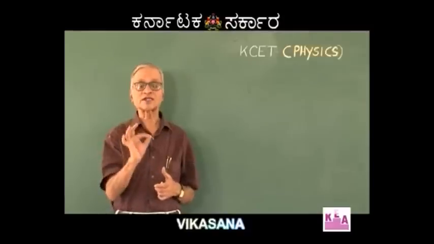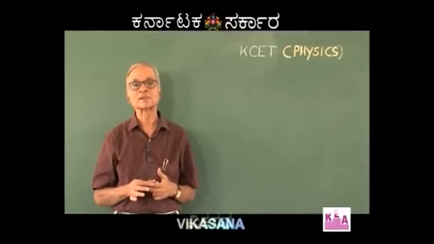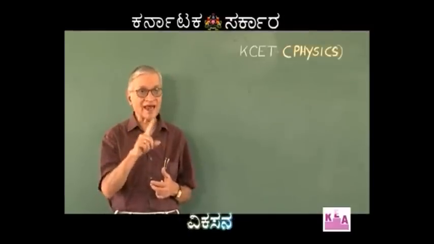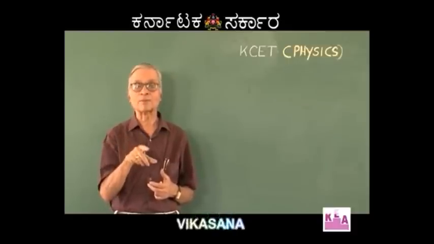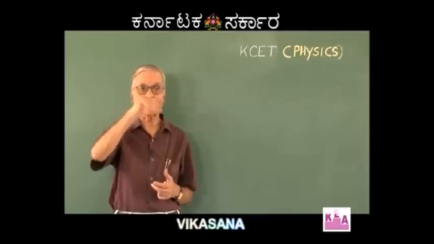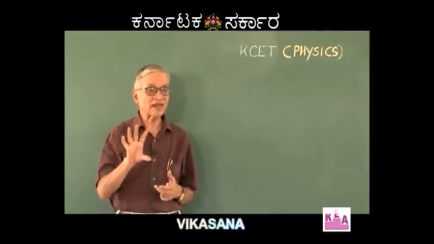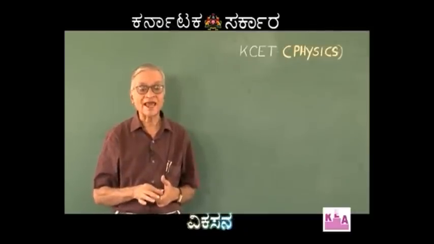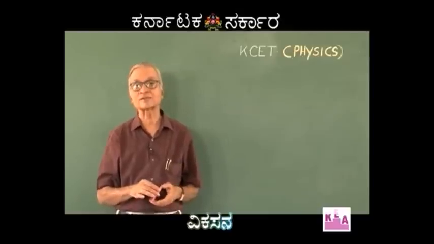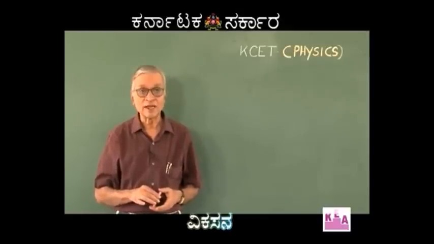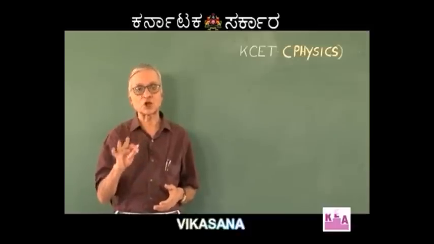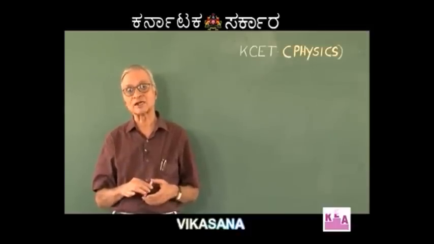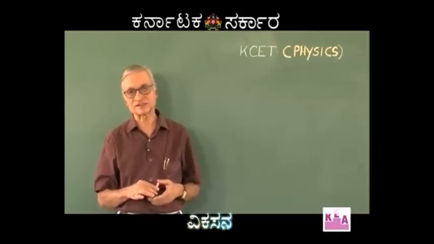The shortcut to be remembered is, suppose n identical drops coalesce to form a single large drop. The potential of the large drop will be n to the power 2 by 3 times the potential of each of the smaller drops. If you remember this shortcut, you can answer any number of questions of this type.